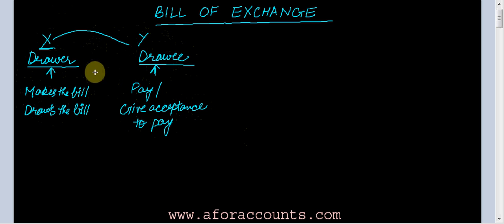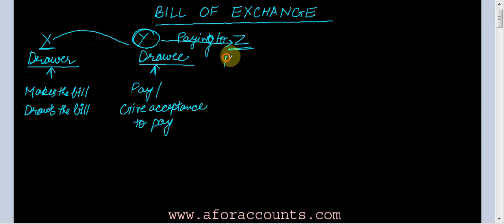X directs that this bill be paid to, say, Z. So the payee is the person to whom the drawee makes the payment. Y is paying to Z, so who is Z? Z becomes my payee.